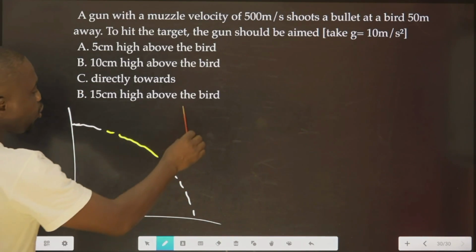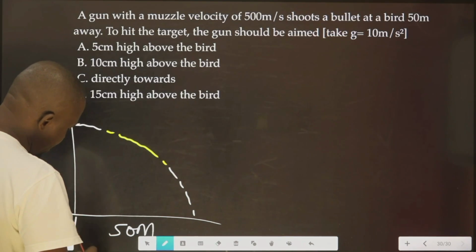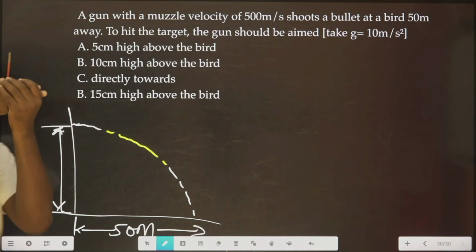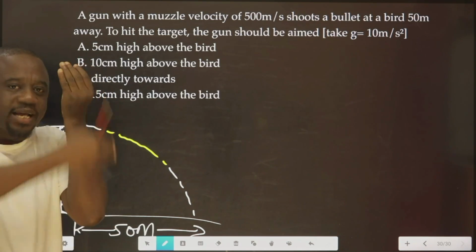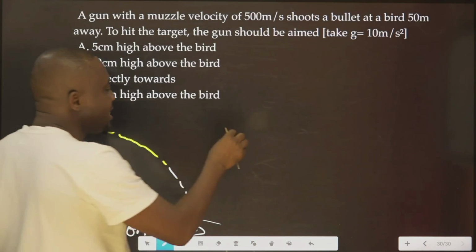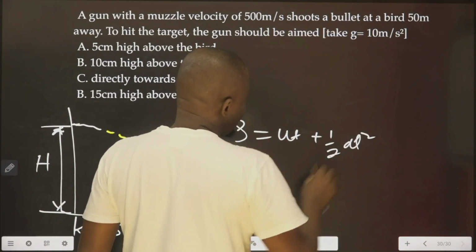The bird is somewhere 50 meters away. You will also agree with me that this is the height, like this. Let's say h. We know that this is equal to ut plus 1 over 2 at squared, right?